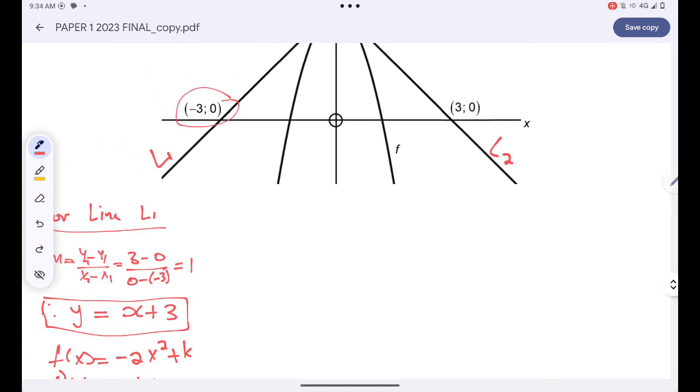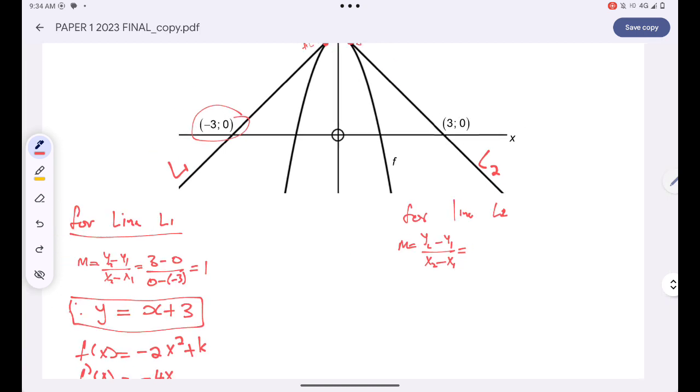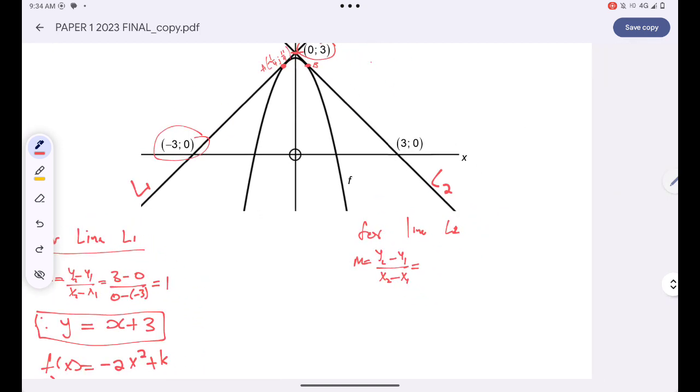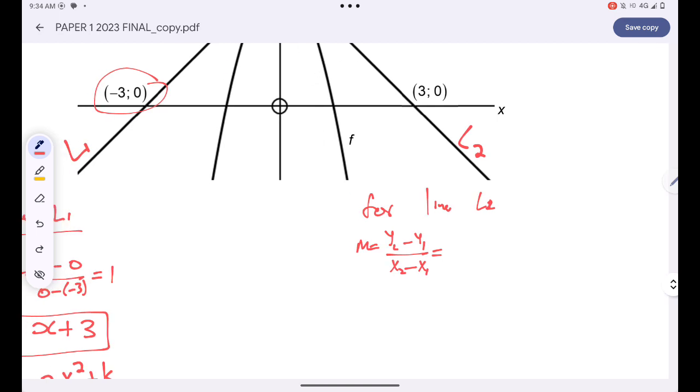Okay, for line L2, guys, we do the same thing. Firstly, for line L2, the gradient of the line is also y2 minus y1 over x2 minus x1, right? Over there, we can simply say we have 3 minus 0 over 0 minus 3.